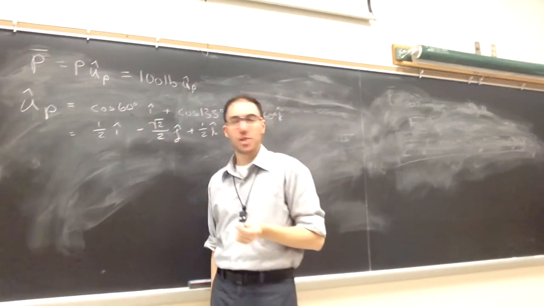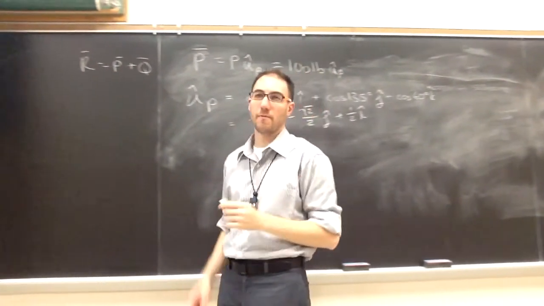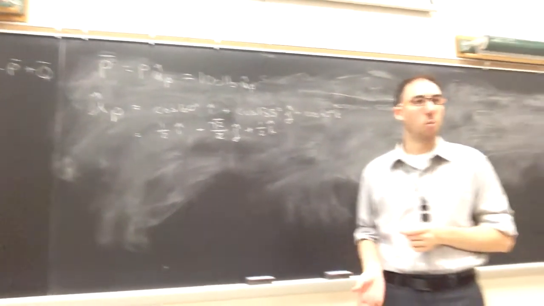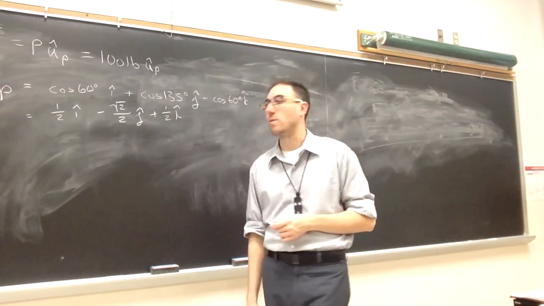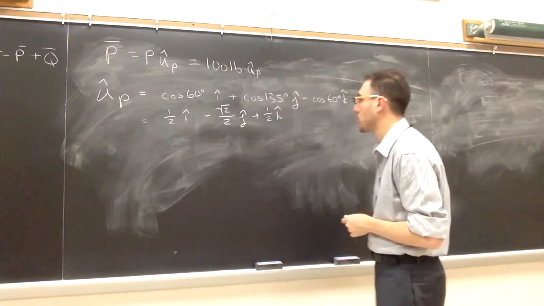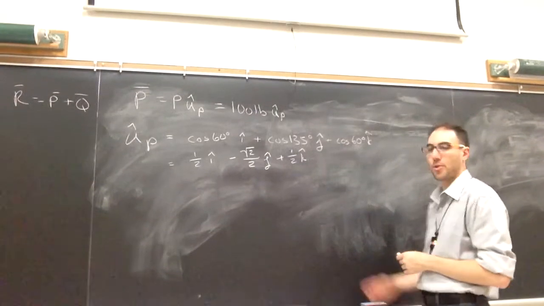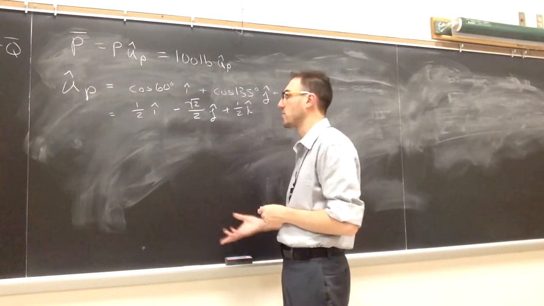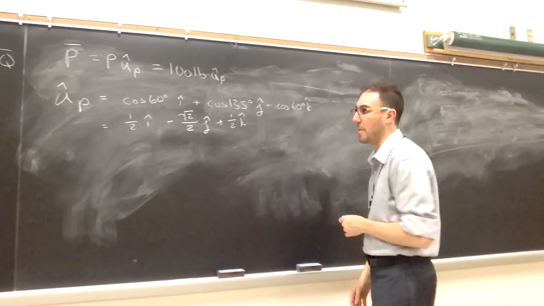And one thing we want to check, especially early on when we're first dealing with unit vectors, is that they must have a magnitude of 1 to be a unit vector. So we can, at least for now, be checking our unit vectors to make sure that's true. We find the magnitude in 3D the same way we did in 2D, the square root of the sum of the squares of each of the components.